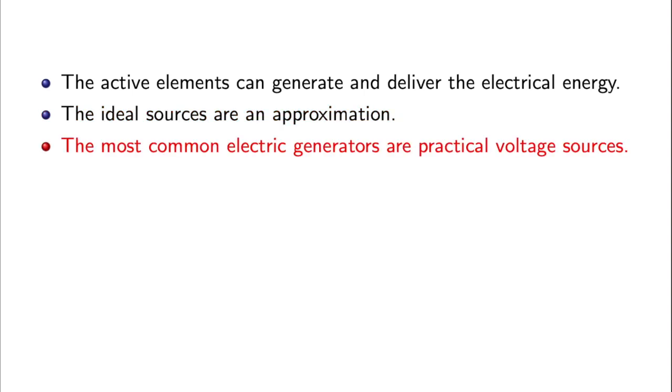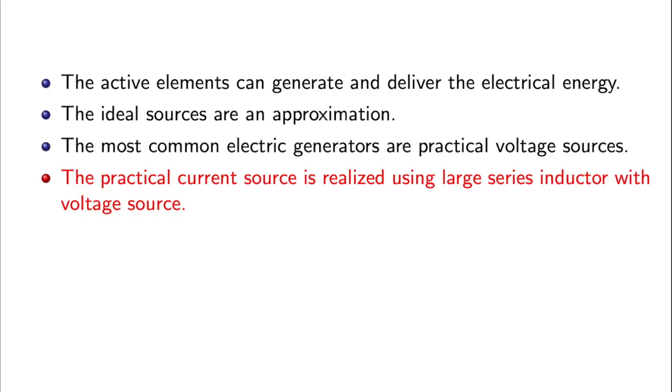Now, as a summary, they can generate and deliver electrical energy. Ideal sources are approximations; they are not realizable. The most common electrical generators are basically practical voltage sources. A practical current source is realized using a large series inductor with a voltage source.